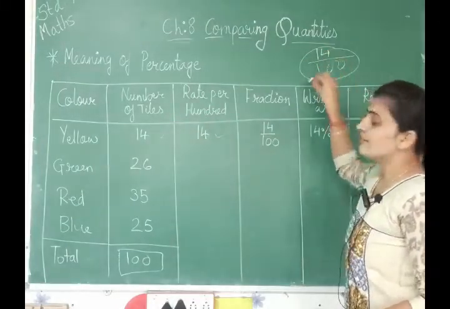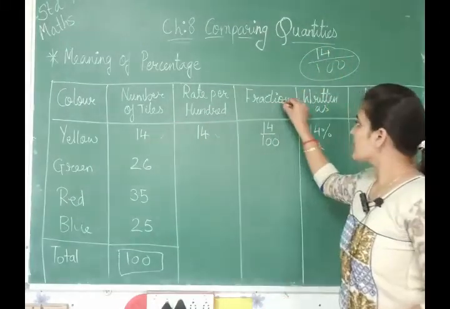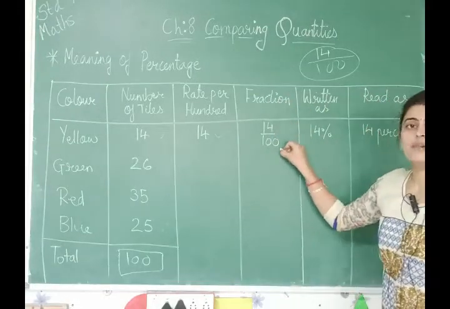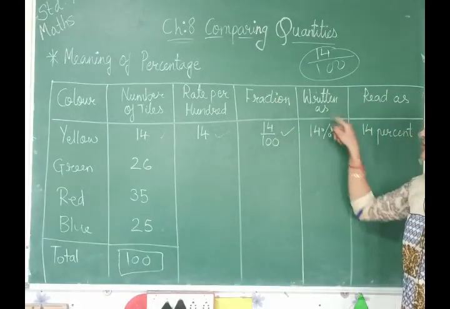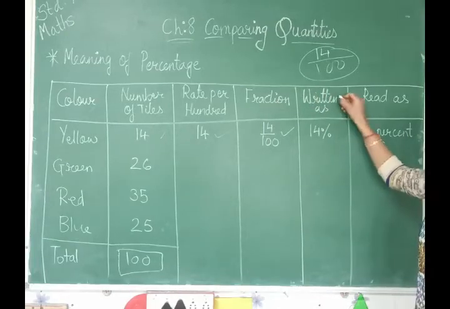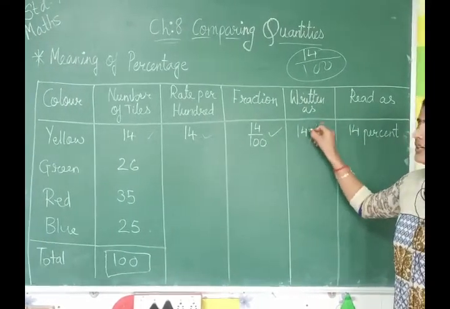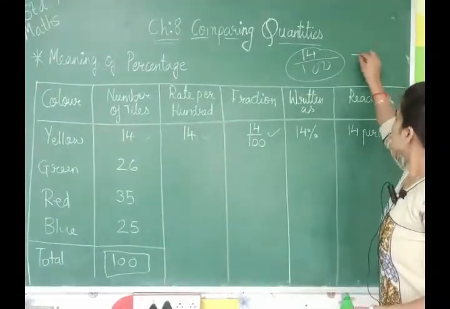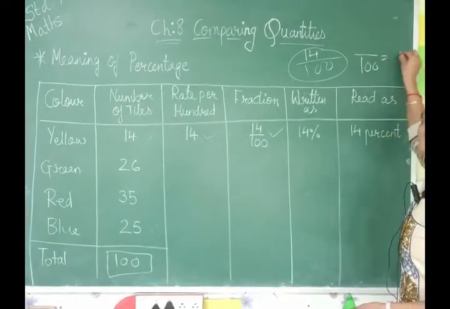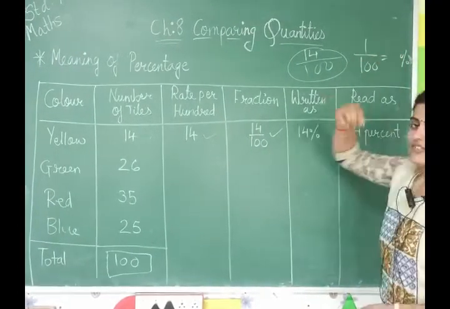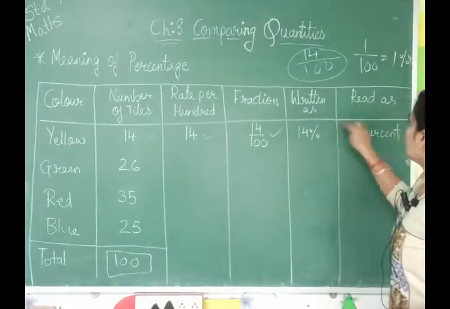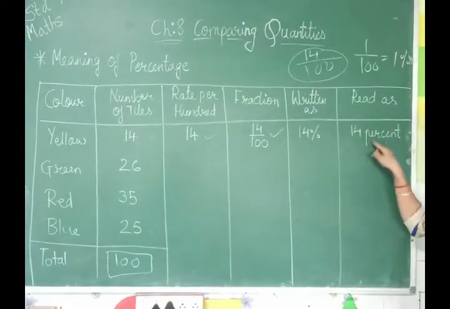So the rate per 100 is 14. In fraction form, out of 100 tiles 14 are yellow, so the numerator is 14, and we write 14 divided by 100. Now we want to write this in percentage form. When the denominator is 100, it can be written as a percentage, as we have seen. So it is written as 14% and read as 14 percent.